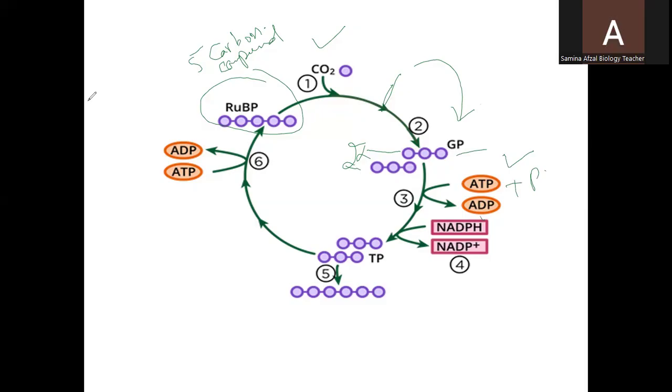Due to this, the glycerate phosphate will change into triose phosphate. Triose phosphate will then form the 6 carbon compound, or glucose, or some of it will change into ribulose biphosphate again to continue the cycle.